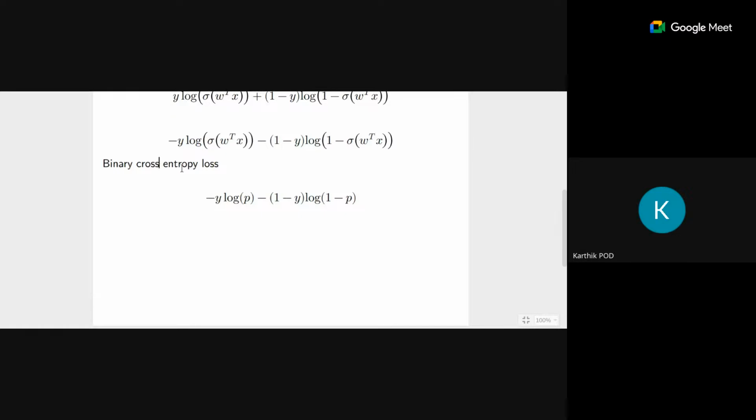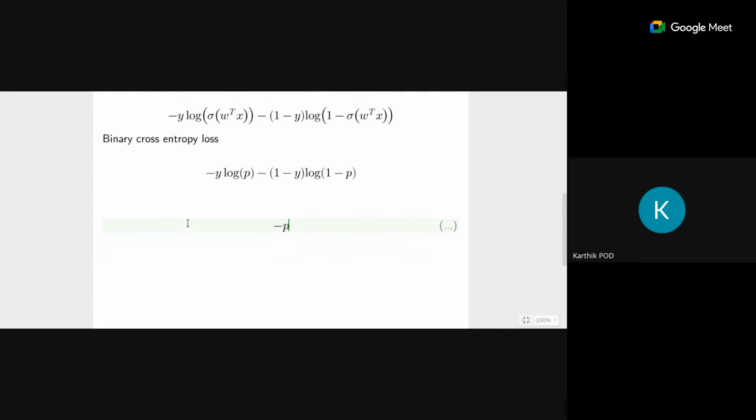You can see why entropy is coming in here. For decision trees, what was entropy? It was minus p log p minus 1 minus p log 1 minus p, which we call H of p. There is only one distribution here, the Bernoulli distribution with parameter p, so this is just entropy. Whereas here you have two distributions.